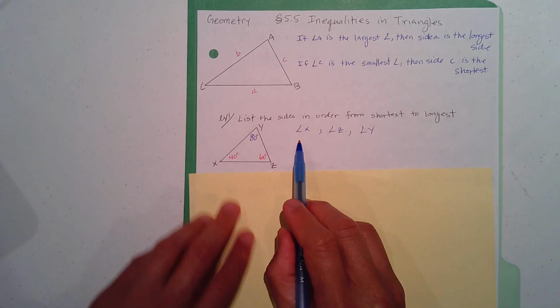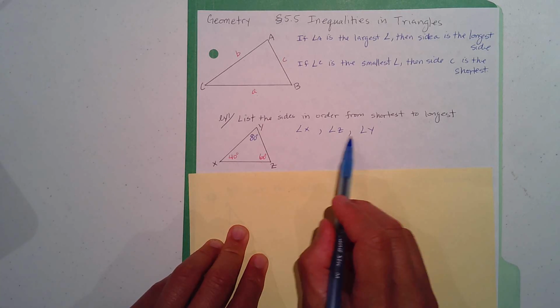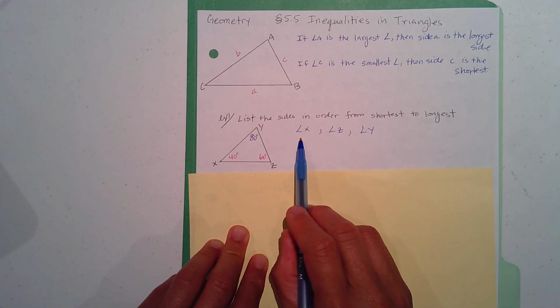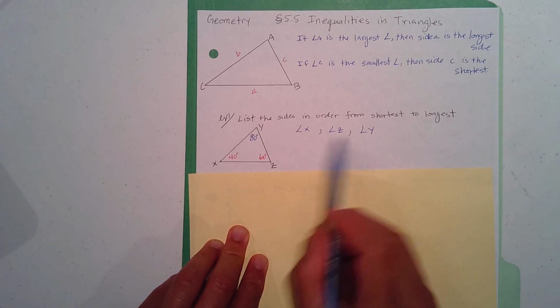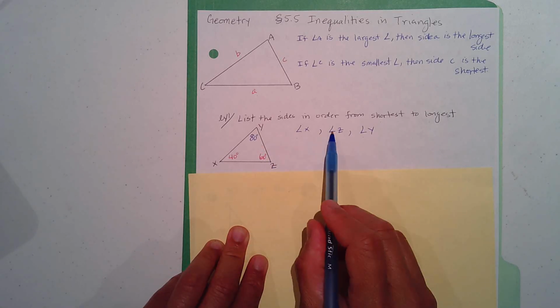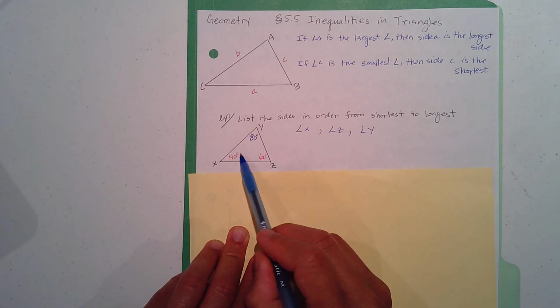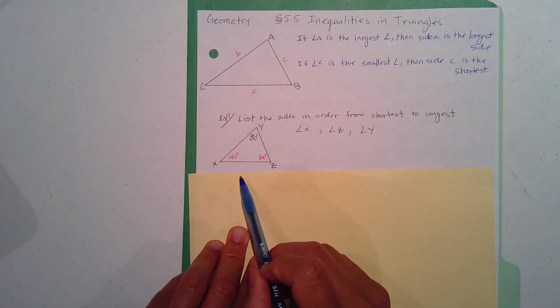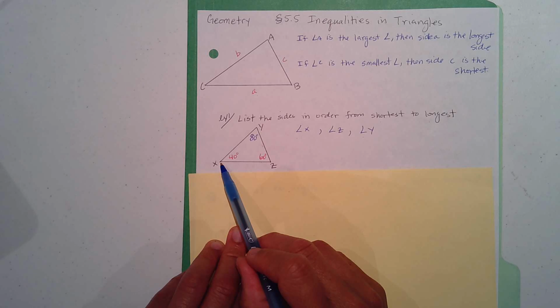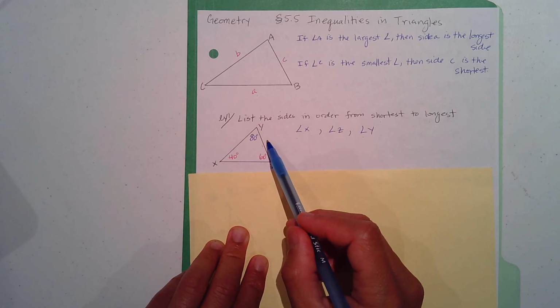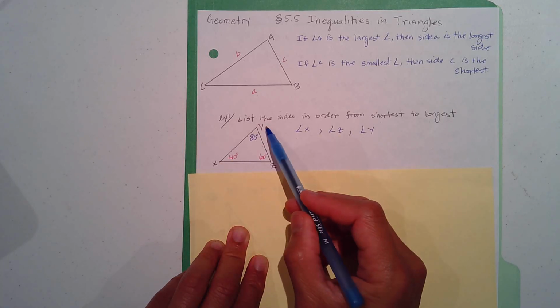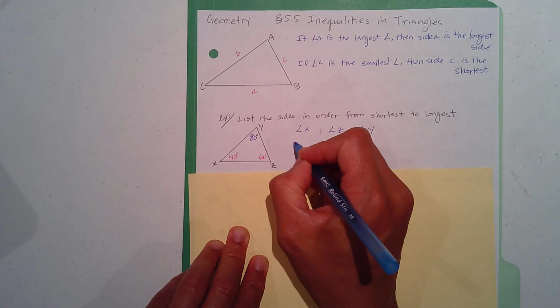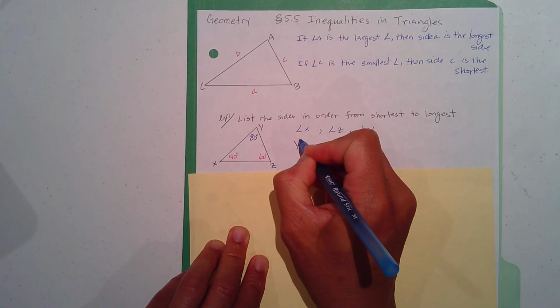Now the reason why I wanted to write the angles first in order from smallest to largest, again 40, 60, 80, is because their opposite sides will be in the same order. Opposite angle X is, we don't have a lowercase x here, but we can describe it as YZ.